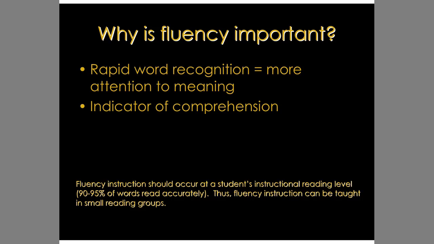If you're teaching fluency instruction using texts that students can read very proficiently on their own, or in other words, texts that are at a student's independent reading level, students already know how to read those texts, so fluency instruction might not be as helpful. But when you're instructing students in fluency at that instructional reading level of 90 to 95% of words being able to be read accurately, then that's really the just right spot for fluency instruction.